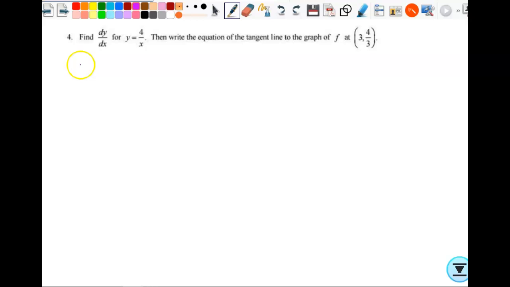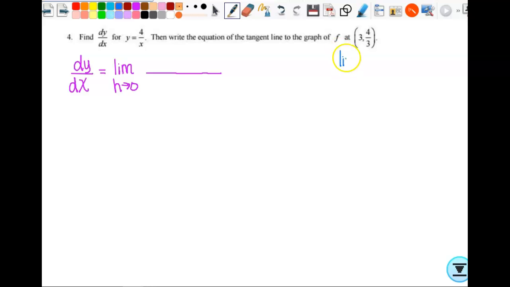So your dy dx, that is the same thing as f prime of x, which is the same as y prime, right? When I take the derivative, I end up with the limit as h approaches 0 of, and remember it's f of x plus h. I'll rewrite it over here again.